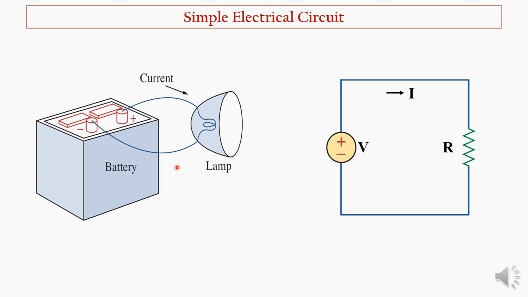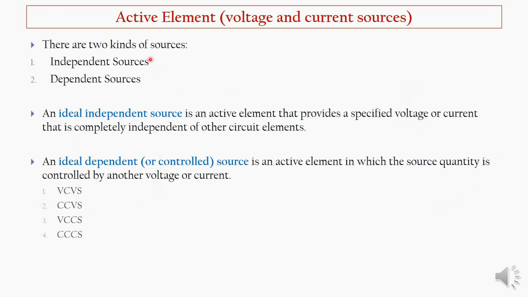But in this course we are focusing on two terminal elements only. In this circuit, the battery is denoted by a voltage source and the lamp is denoted by the equivalent filament resistance R. So in this course we are going to analyze such kinds of circuits.